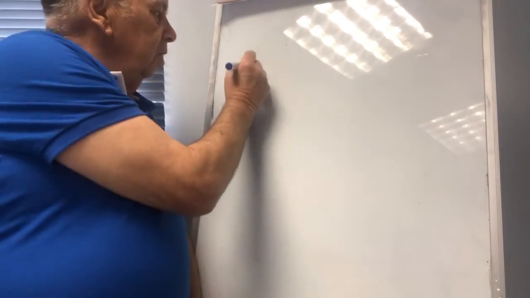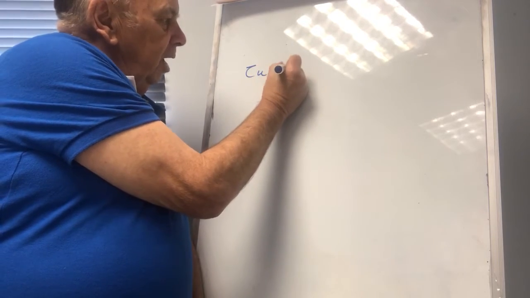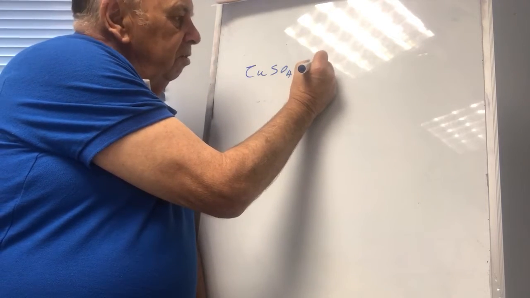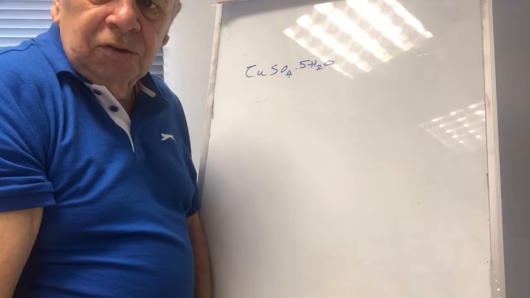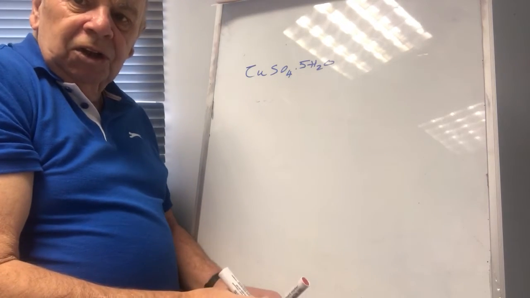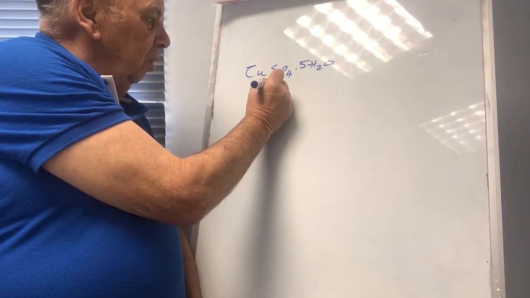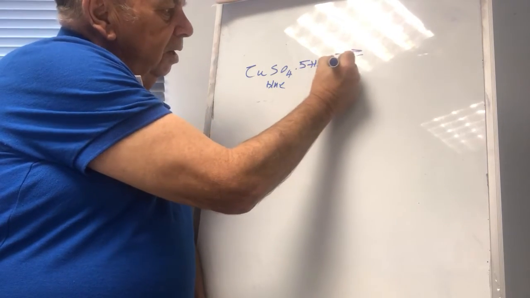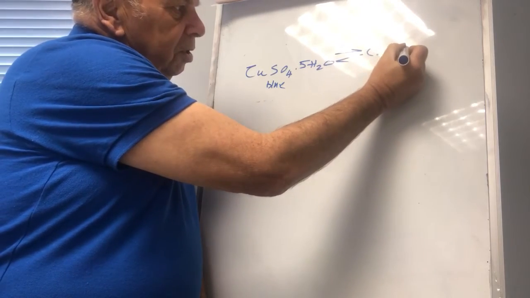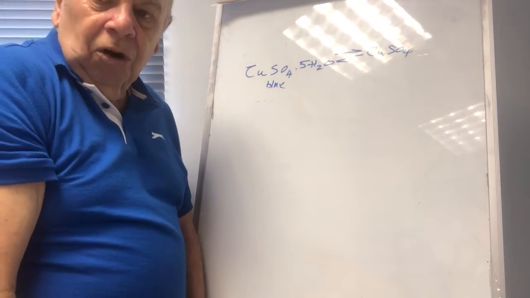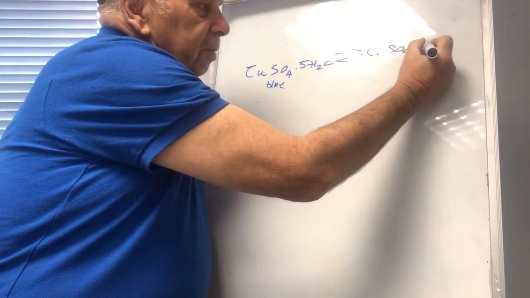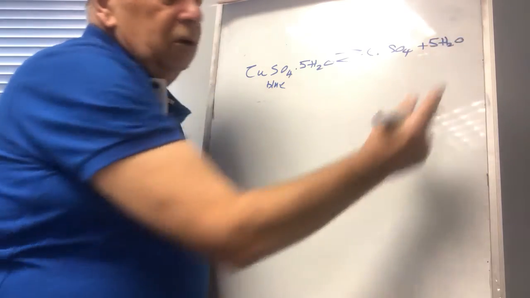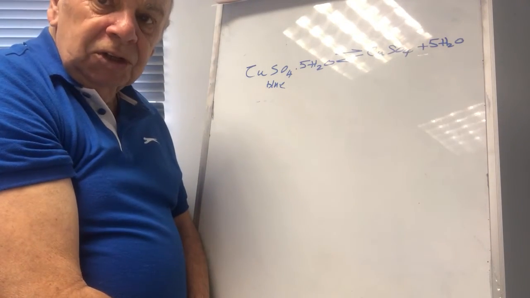reversible reaction. Good old copper sulfate, CuSO4. In the crystalline form, it contains 5 molecules of water of crystallization. By the way, that's blue. I heat it up and it turns white, to white anhydrous copper sulfate, plus it liberates 5 molecules of water of crystallization.